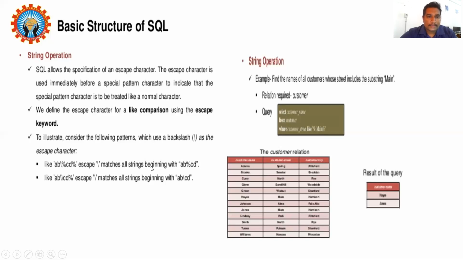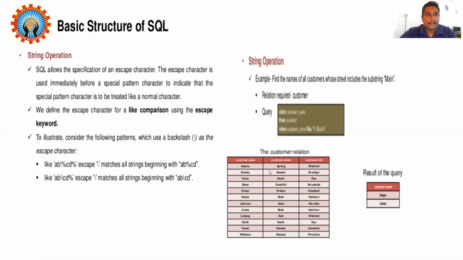It matches all the strings beginning with the escape character denoted by backslash, taking the data by means of the percentage. AB percentage CD: if you want to retrieve particular data ABCD, you use this sequence. Otherwise, AB double slash CD percentage means you are taking only the AB slash CD data. So the slash operator is used to omit particular data and pad all the previous data.